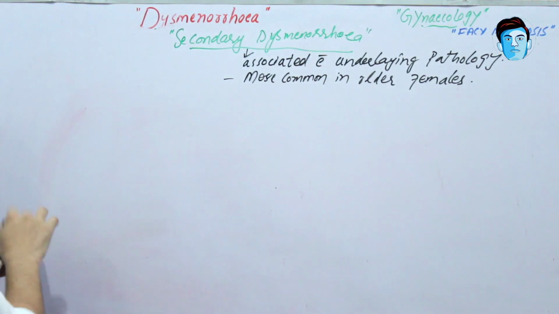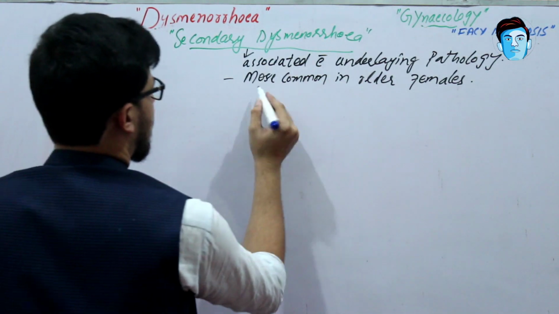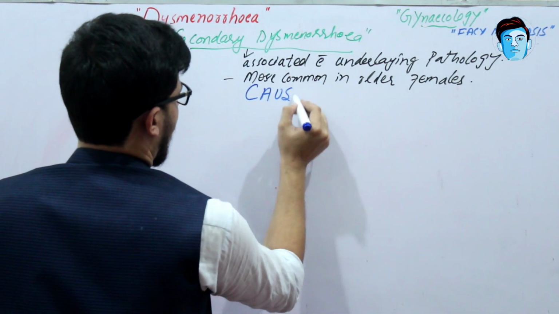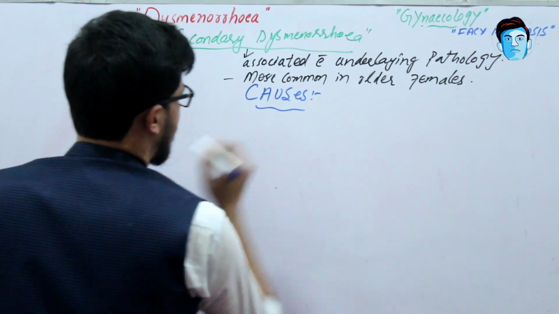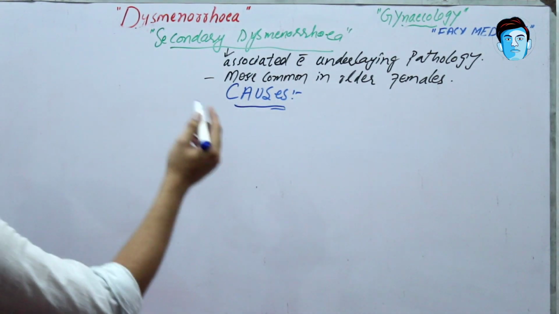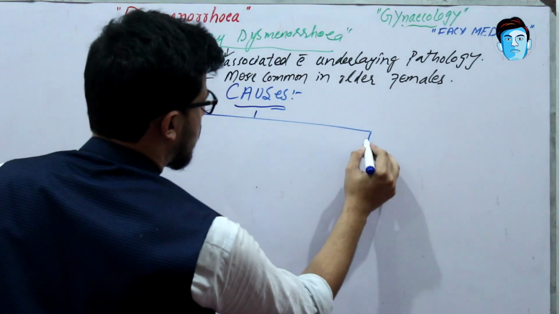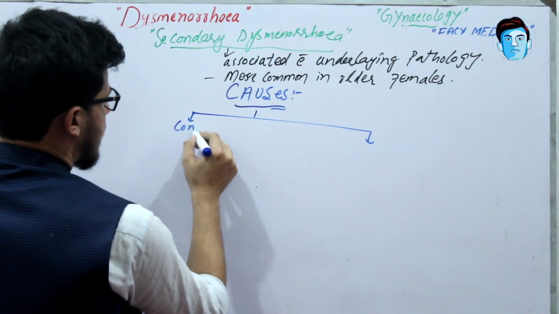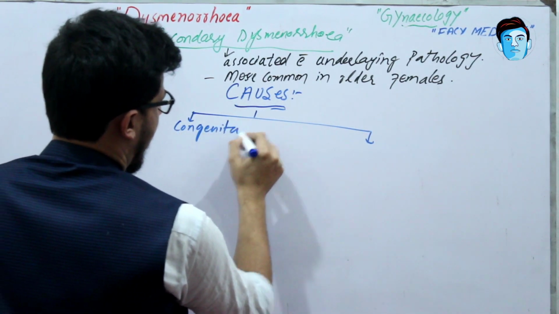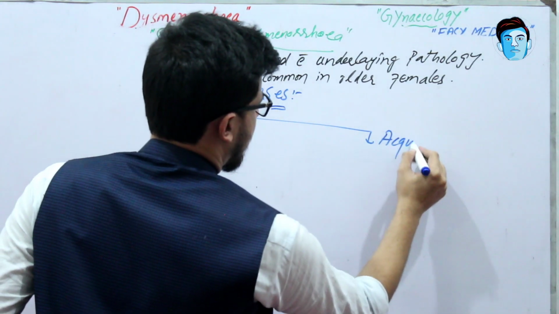Now the other point is, what are the major causes of secondary dysmenorrhea? The causes of secondary dysmenorrhea are classified into two groups, that is congenital causes and acquired causes.